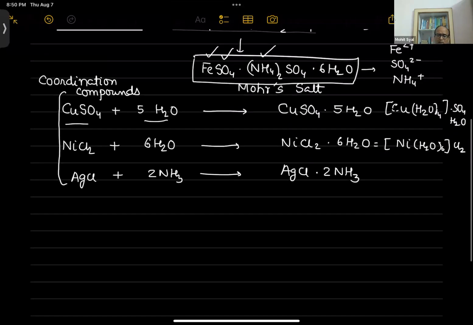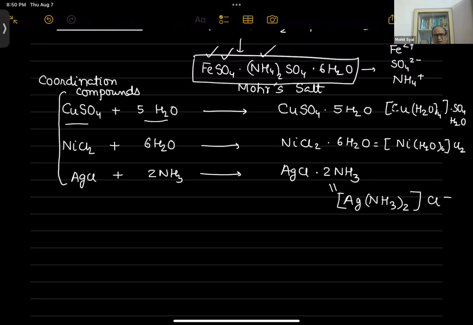Why we use a square bracket will also be clear in a while. This can be written as Ag with three NH3 molecules put into a square bracket, and Cl minus outside the square bracket.